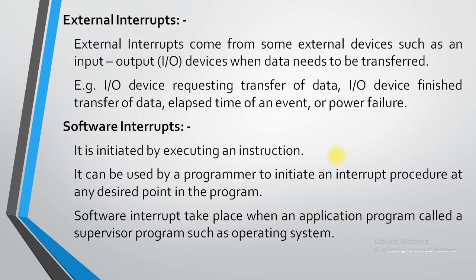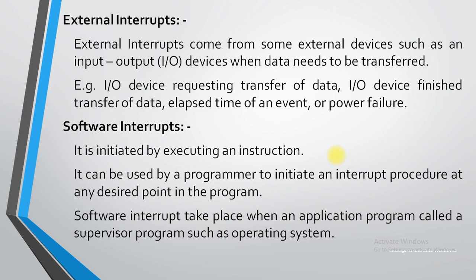Sometimes you are trying to transfer your data, but electricity goes out or power failure occurs. So that type of interrupt is known as external error. Similarly, sometimes it may be possible that you are trying to copy your data, but it consumes too much time, right? So request timeout error occurs. So these all are the part of external interrupts.